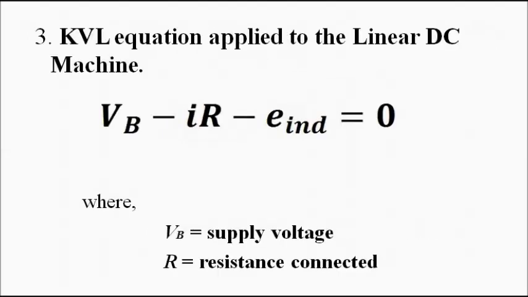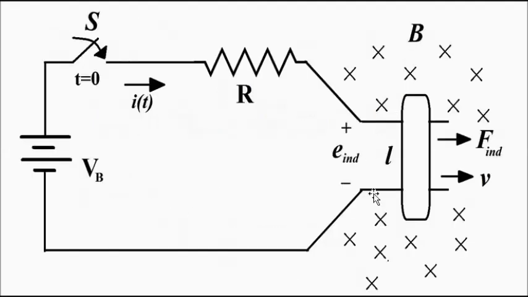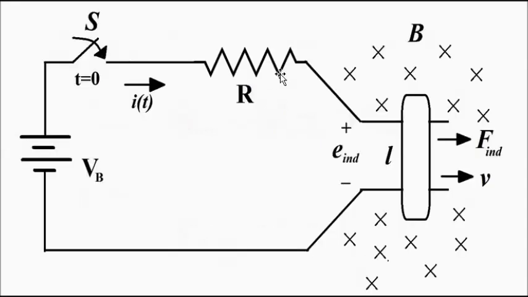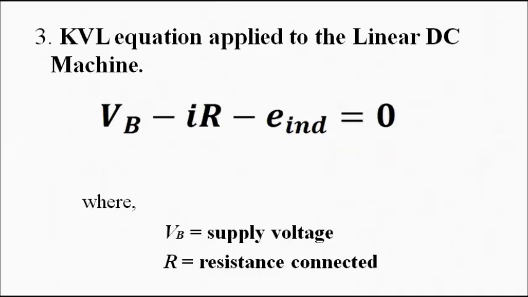Okay, so if we apply KVL equation to this circuit of this linear DC machine, it will look something like this: VB minus iR minus e_ind equals 0.